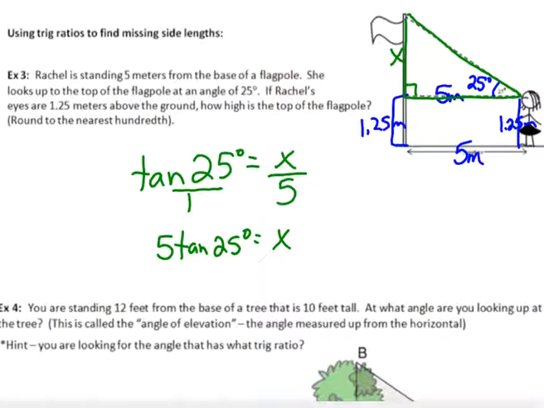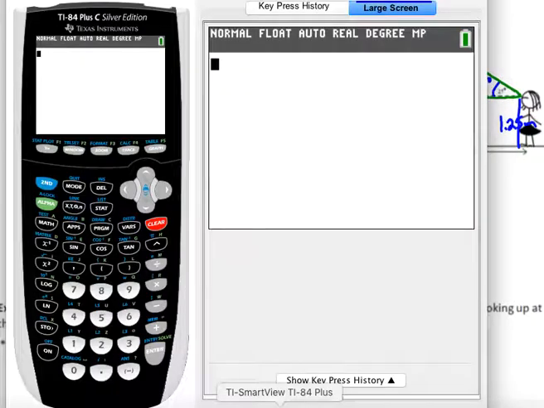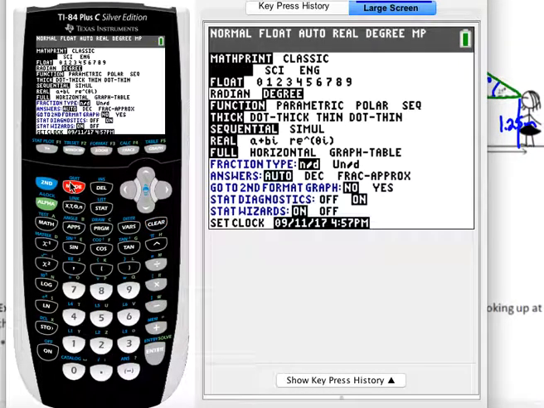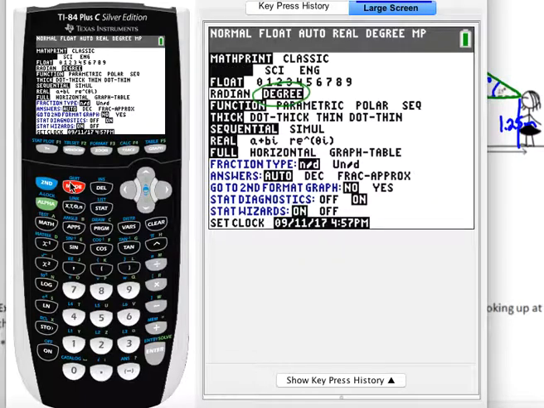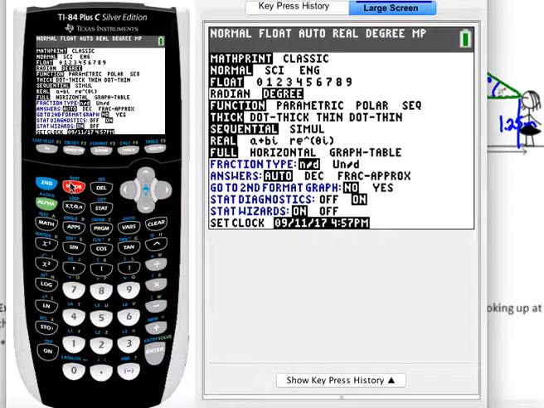So we would use our calculator to be able to do that. If you're using your graphing calculator, make sure that your mode is in the correct position in degrees. So if I click mode, I see here that it says I'm in degrees. If it's in radians, you would want to change it on your calculator. So I'm just going to quit out of that screen.